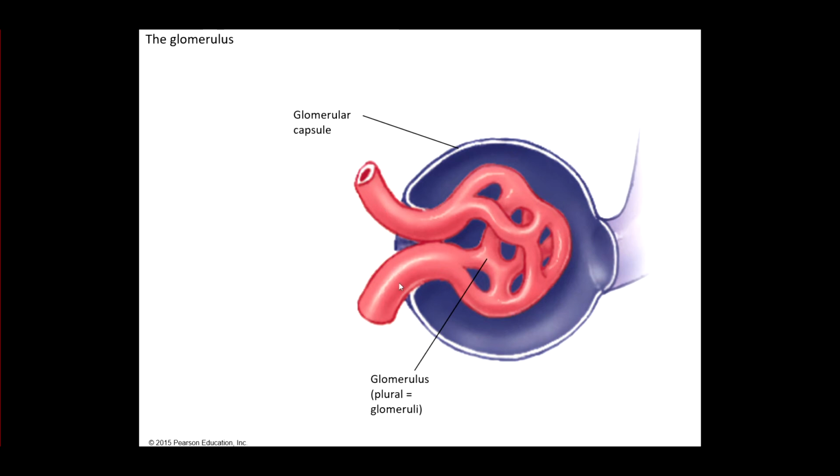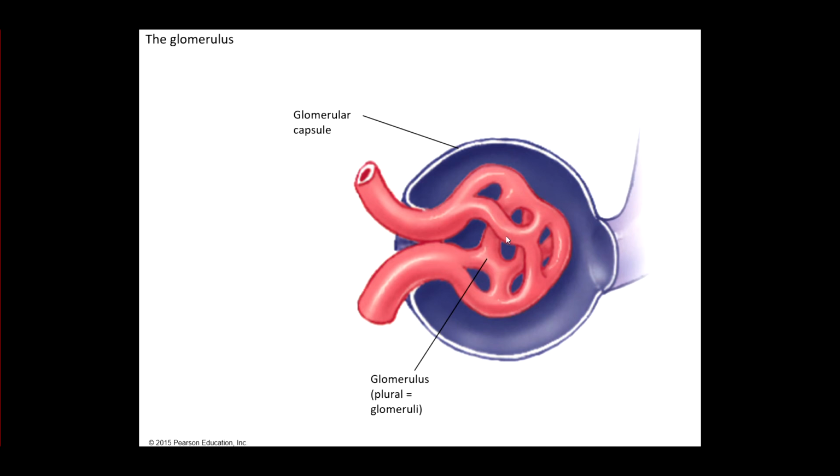What that does is it's going to allow more blood to come in faster than it's leaving, and that's going to increase the pressure inside the glomerular capillaries. And that's going to force fluid out of those pores, out of those fenestra that we were talking about. And now the fluid will go into here, and this is going to be like the first phase of making urine, right? We would actually call this fluid in here the filtrate, right? We'll talk about that in a subsequent lesson.